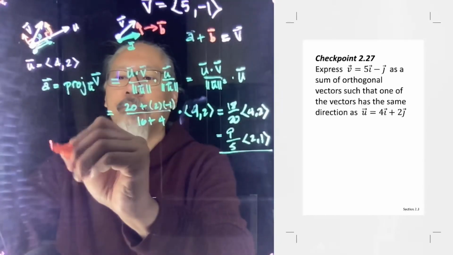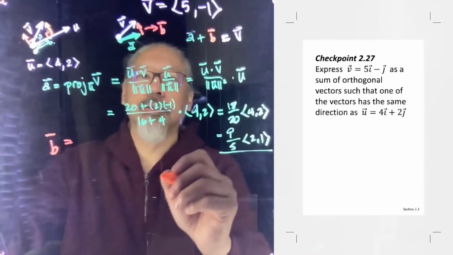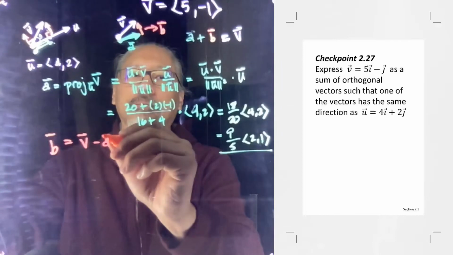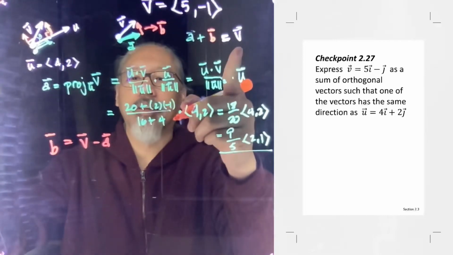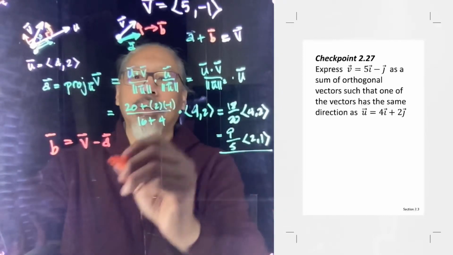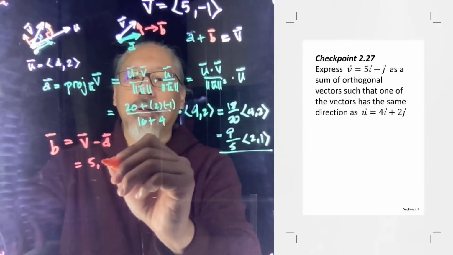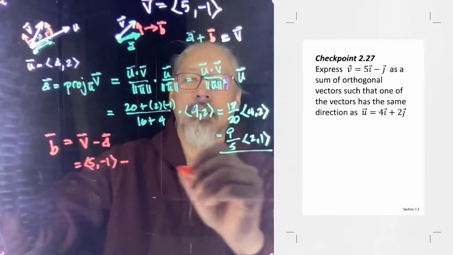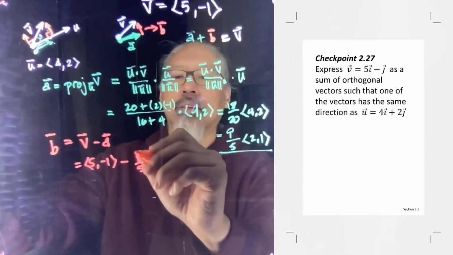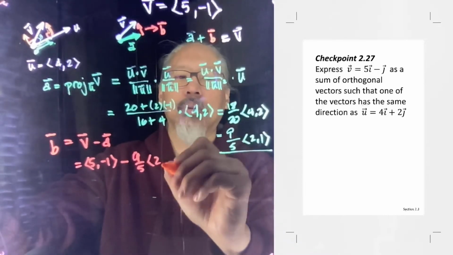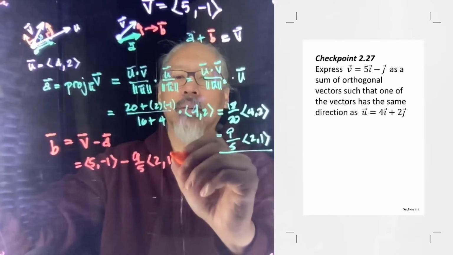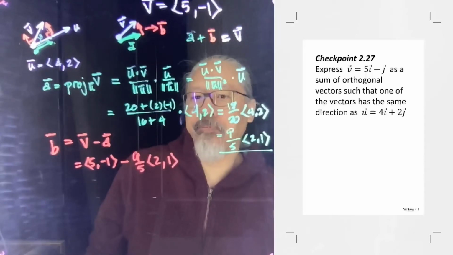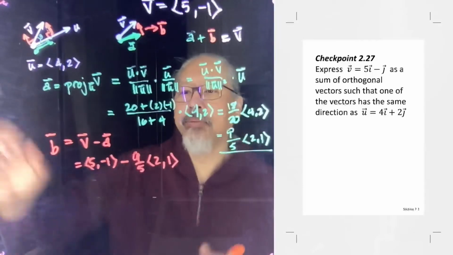So B should equal V minus A. So V was 5 comma negative 1, and A we just found to be 9/5 times 2 comma 1. I suppose we could have worked that out in there, but we can do it now.